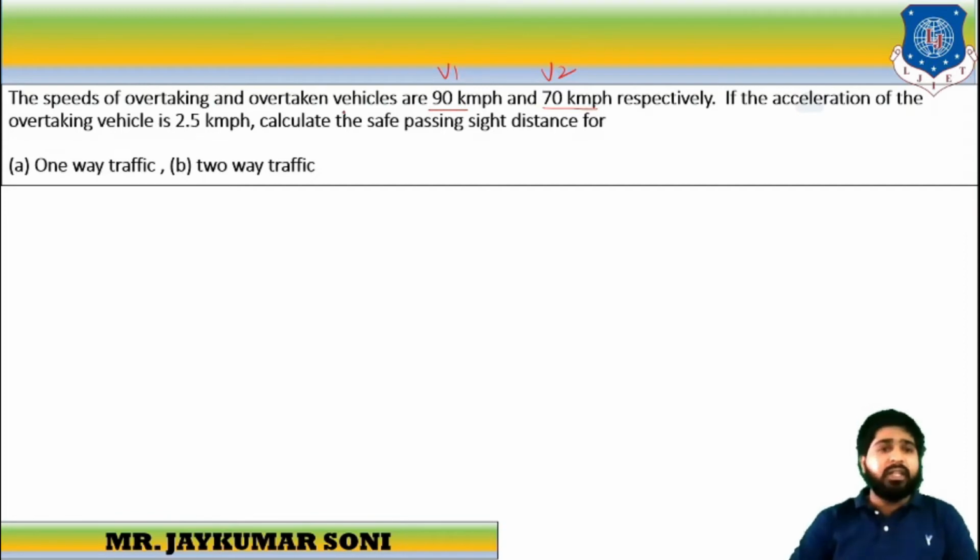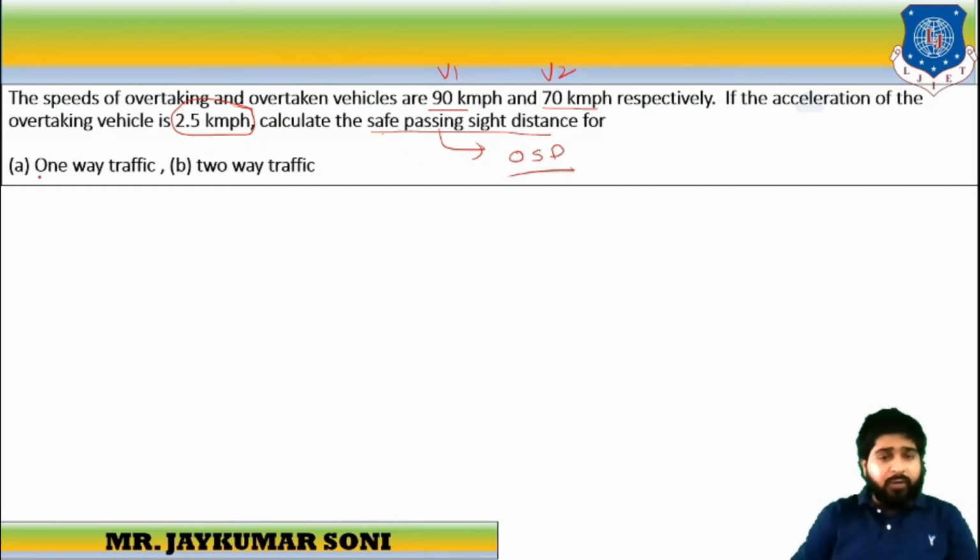If the acceleration of the overtaking vehicle is 2.5 kmph, remember I have explained earlier that if you are given the value of acceleration in kmph, you have to divide this value by 3.6 and convert it into meter per second. What we need to do is calculate the safe passing sight distance. Passing sight distance is another word for overtaking sight distance.